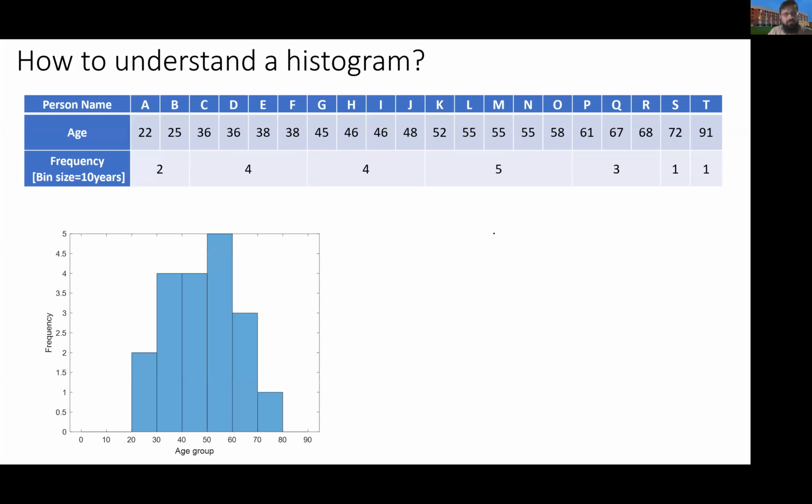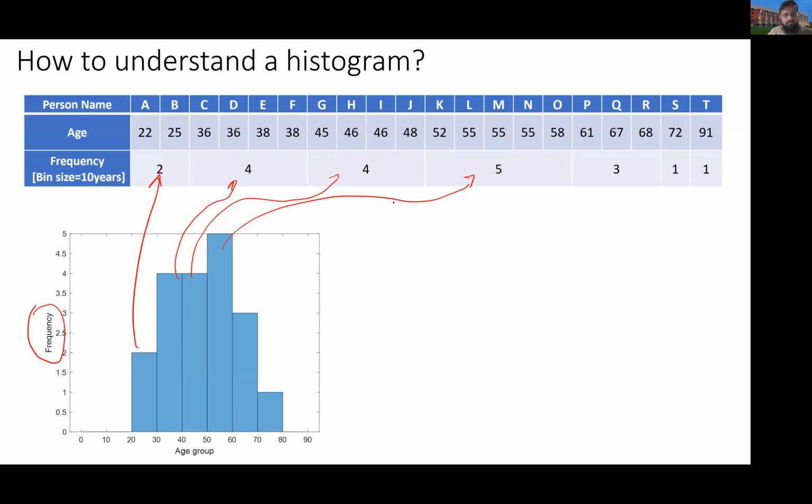I can plot this, and this is called a histogram plot. The y-axis shows the frequency of each bin. So in the 20s I have 2 people, in the 30s and 40s I have 4 people, in the 50s I have 5 people, and so on.